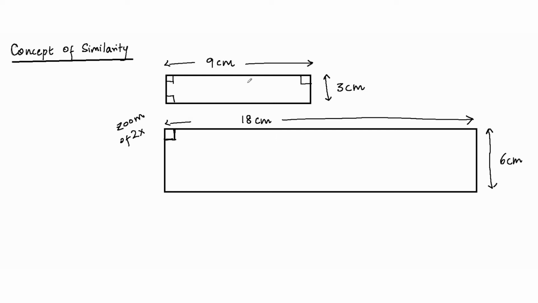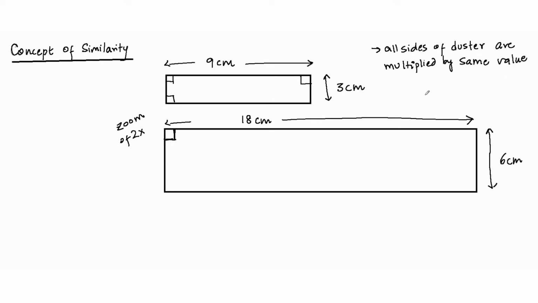So you will notice that each dimension of this duster is getting doubled. The length is doubled, the breadth is also doubled, and the angles, however, are maintained constant. So if I were to write this down, all sides of the duster are multiplied by the same value.